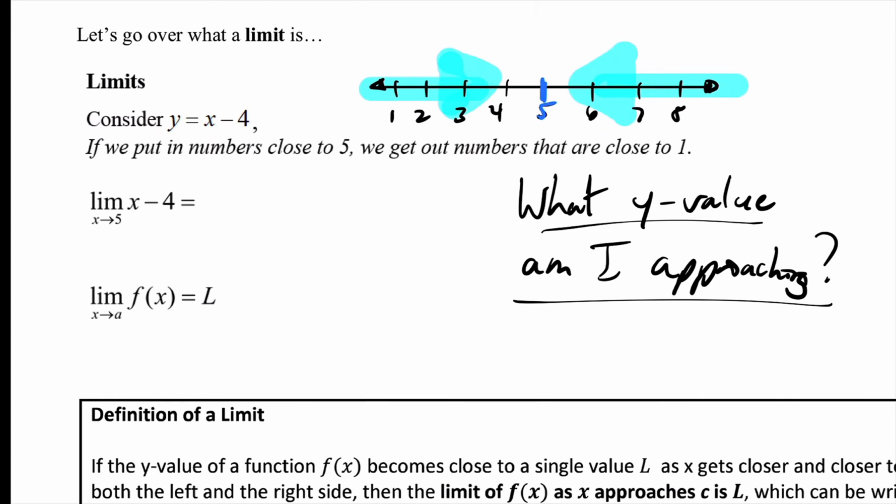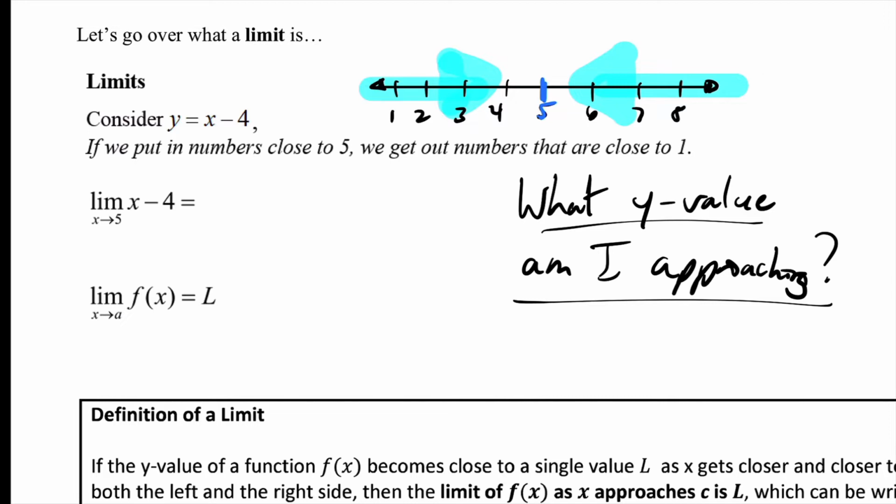From either side. Let me start on the higher side. When I plug in 8 for x, 7, 6, 5.5, 5.4, 5.3, 5.1, 5.01, 5.001, I'm getting closer and closer to 5, right?